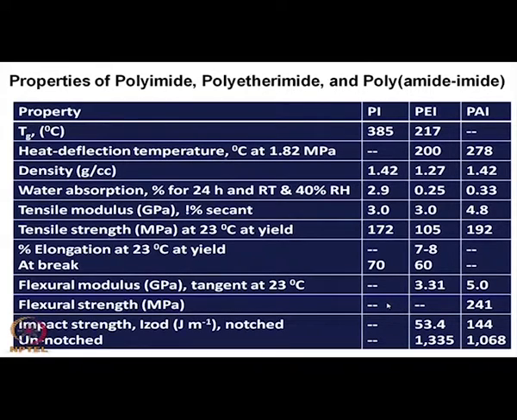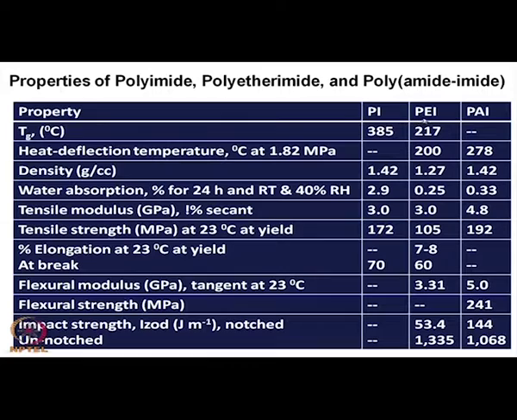This table compares the properties of polyimide PI, polyether imide PEI and polyamide imide PAI. The glass transition you see is higher in PI than polyether imide. Heat deflection temperature at 1.82 megapascal pressure is high for polyamide imide. Amide imide means a polymer having both amide linkage as well as imide linkage.